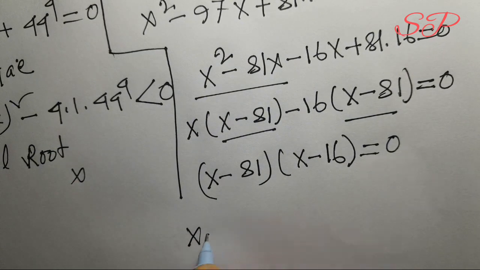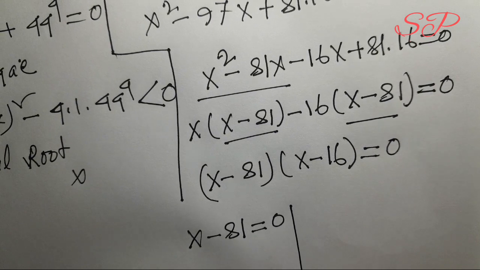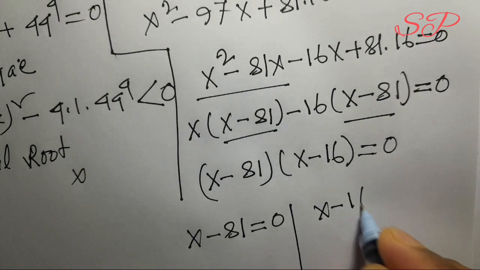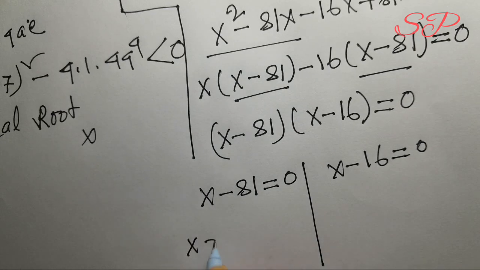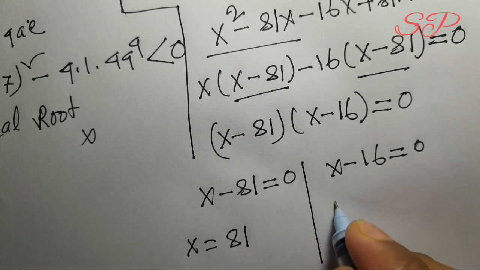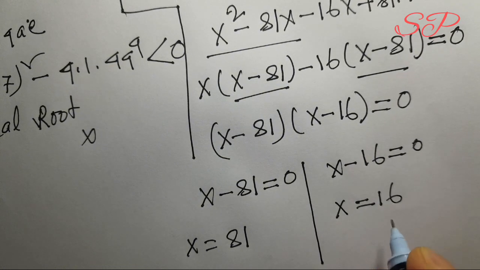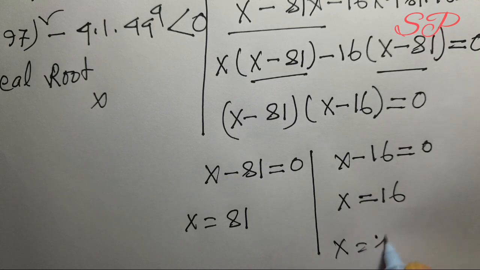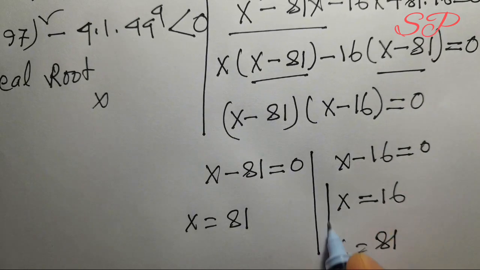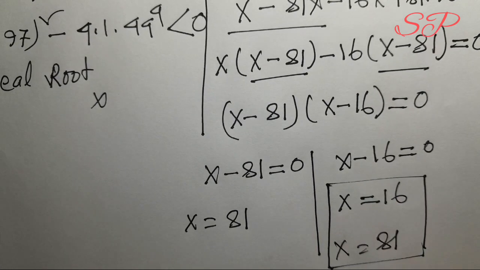Here x minus 81 is 0 and x minus 16 is 0. So x is equal to 81 and x is equal to 16. This is the final value of this equation.